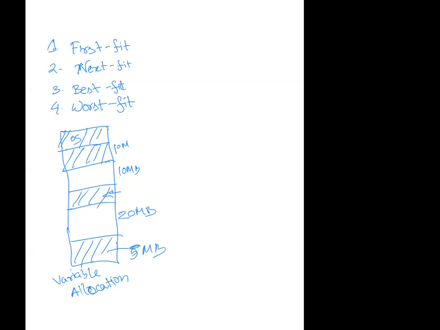When you try to open another new program or new software, a process is created. Let's say this process size is 10 MB. So if your operating system follows the first fit algorithm, how does it search? It searches from the beginning of your RAM.